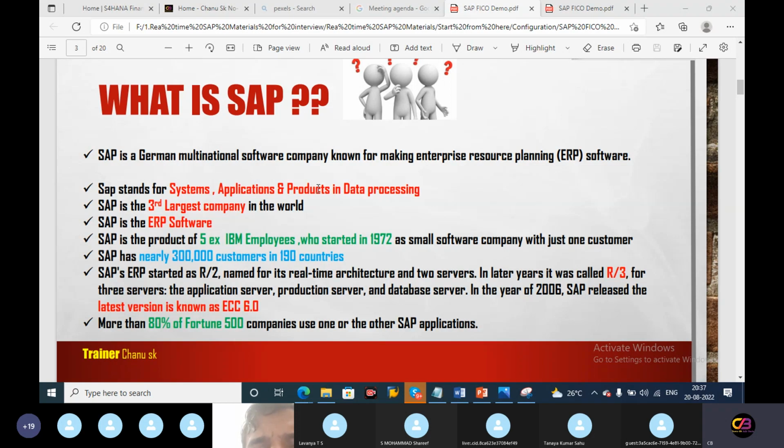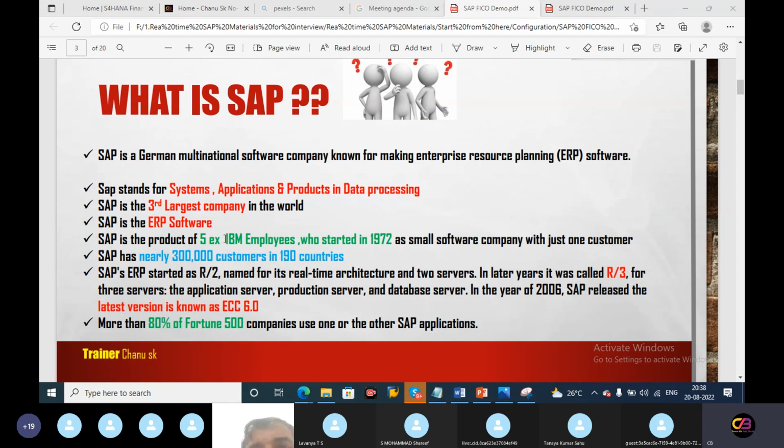And SAP is a German multinational software company. Initially it was started with 5 IBM employees in 1972 with only one customer. Now SAP has almost 4 lakh customers around the globe.